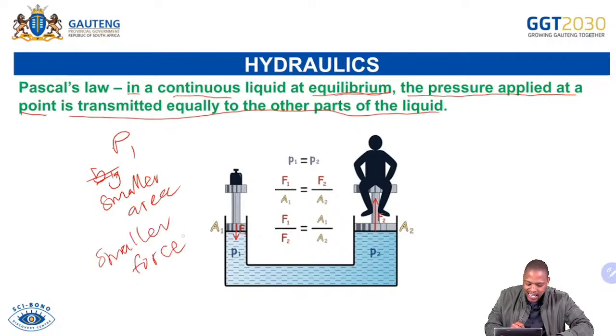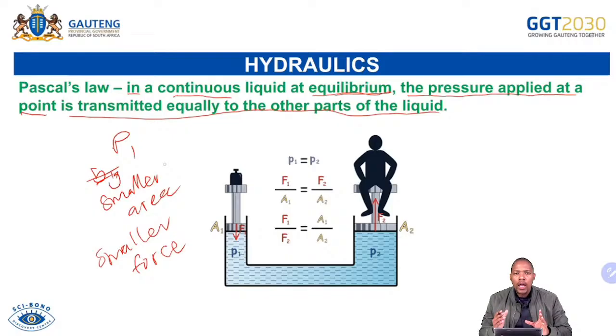So the idea around Pascal's law is that we are going to create a machine that allows us to exert a small force, but it will produce a greater force for us.